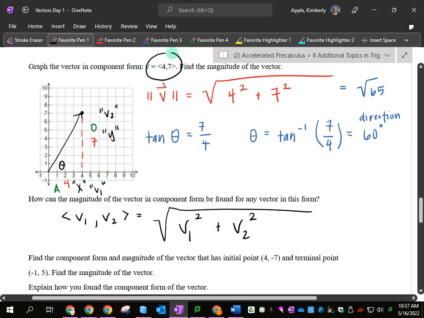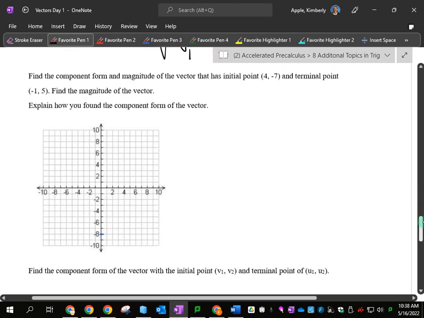The bottom line is you can go directly from the component form to magnitude and direction without a graph. Just by understanding that this is essentially horizontal and vertical, using the Pythagorean theorem for the length and using the inverse tangent for the direction, since that uses the horizontal and vertical. It works that way every time.